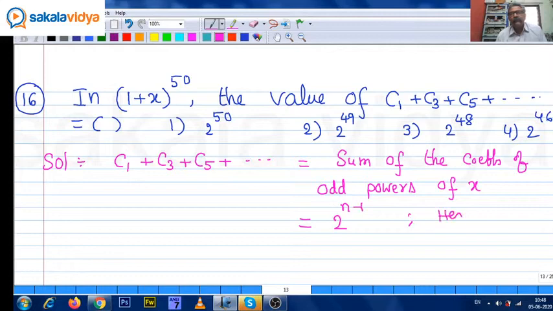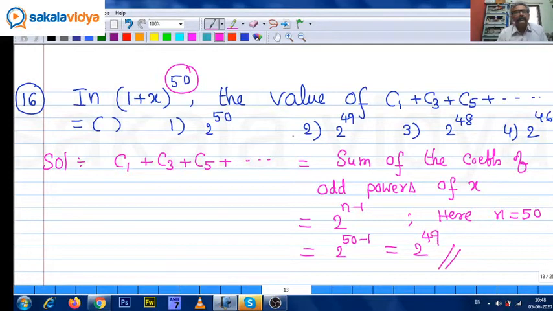Here n equals 50, the power is 50. So we get 2 raised to 50 minus 1, so 2 to the power of 49 is the desired answer. Second option is the right option.